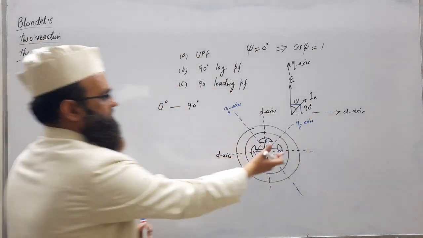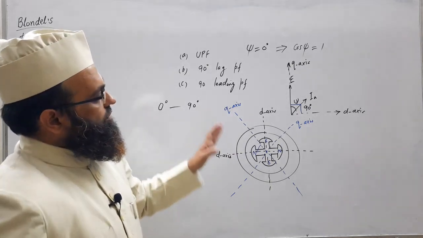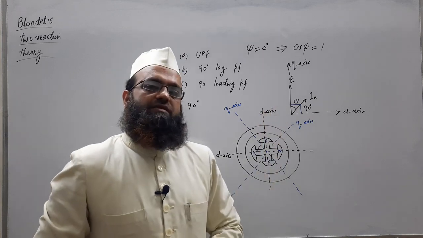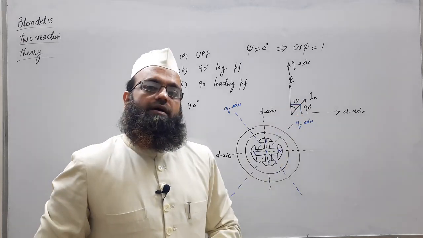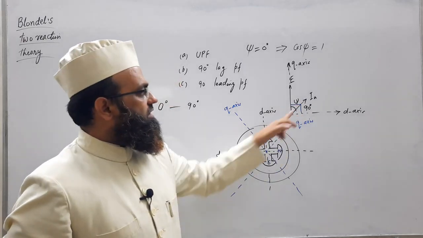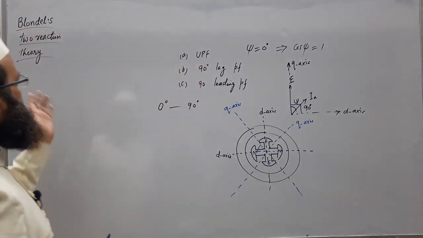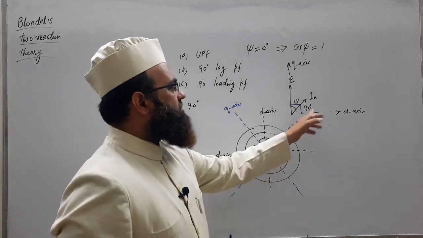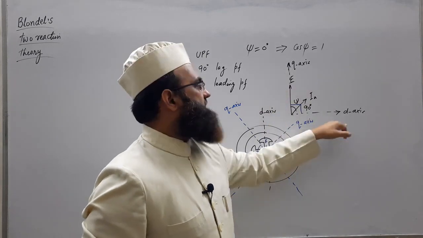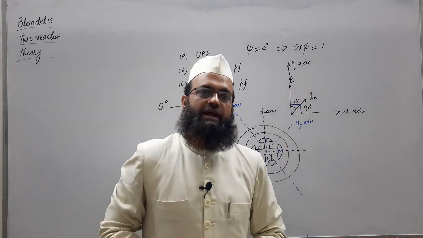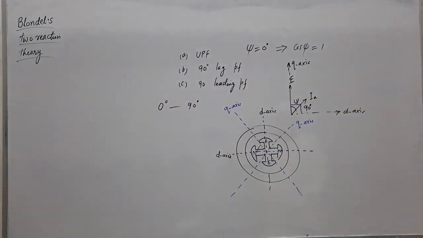If you take a 2-pole structure, obviously theta electrical will be equal to theta mechanical. Between the d axis and q axis, q for quadrature, the angular displacement is 90 degree electrical. So this theory says that by resolving the armature current into two components, one along the d axis and one along the q axis, we can analyze the effect of armature reaction.